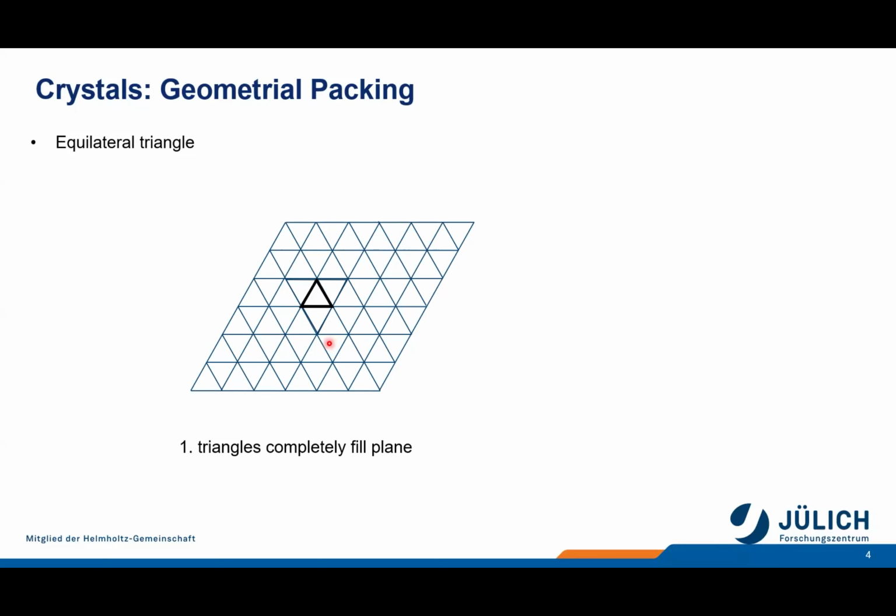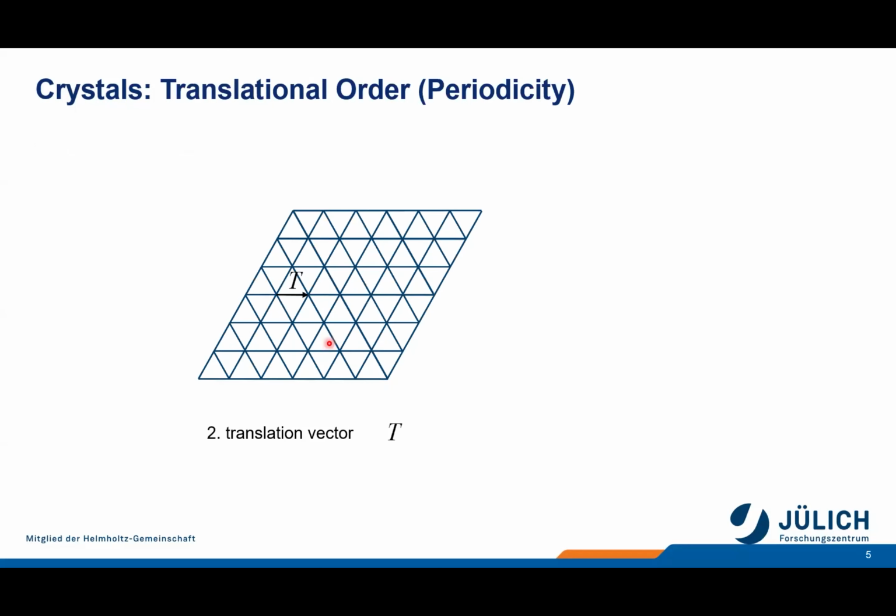So filling a plane completely with a geometrical object is a first thing that we have a look at. The next thing is then, if we have filled the plane, to look for translational symmetry. And that means we shift this lattice by a translation vector t, and then it overlaps with itself. So if this is fulfilled, then we have a planar geometry with translational order or periodicity.